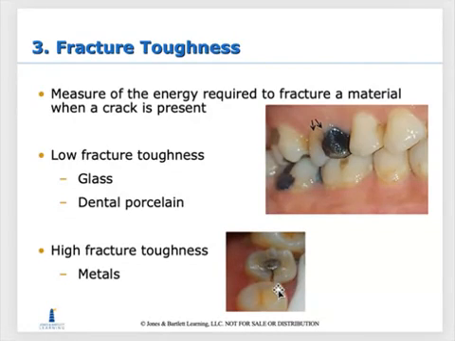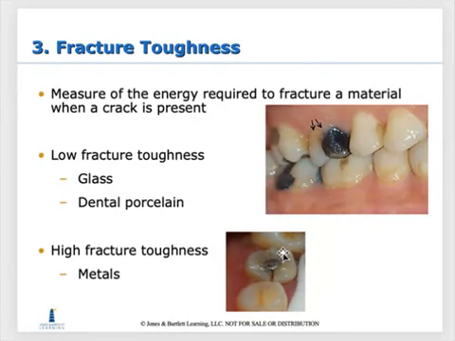This one has a really distinct fracture line right down the middle of the tooth. Things that have low fracture toughness would be things such as glass or dental porcelain. They're more prone to fracturing compared to metals.